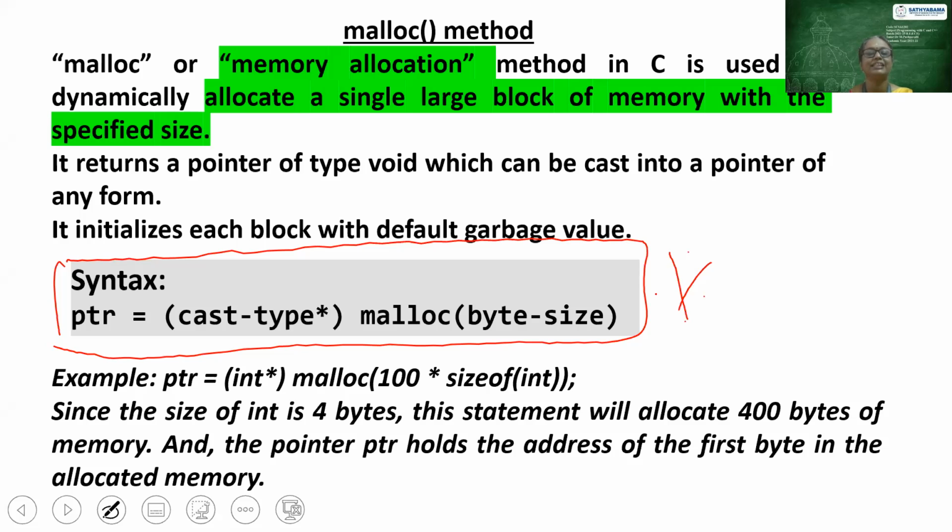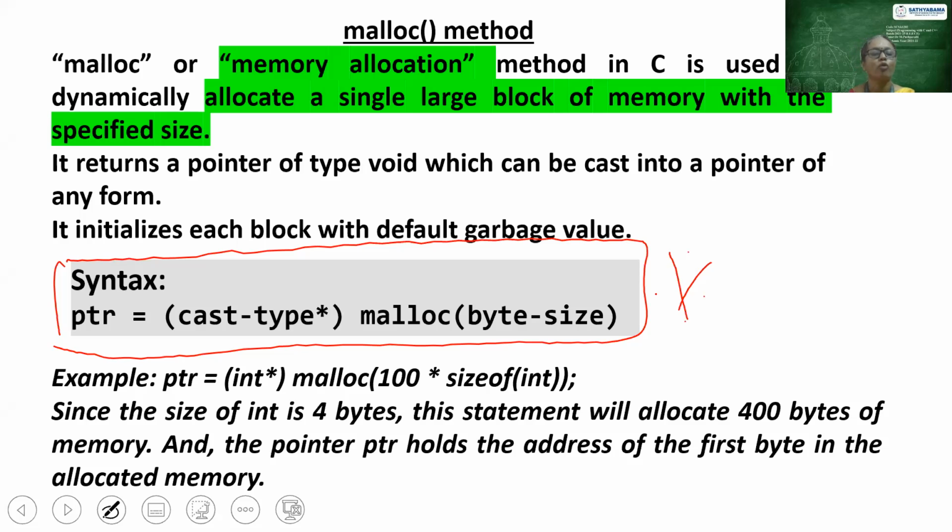So write down the syntax, then only it will be easy for you to write. Is it clear? Pointer, cast type, asterisk, malloc, because malloc is one of the keywords of C, then byte size. Have you all noted down the syntax?